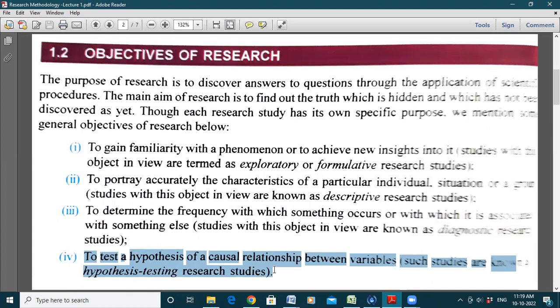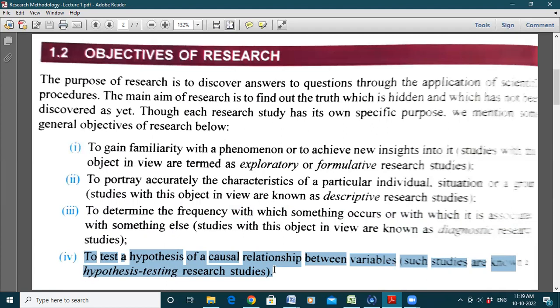See, in the last classes also, I discussed the hypothesis, some kind of assumption you have considered during the beginning stage of your research. Now, you need to check whether your assumption, your hypothesis, is true or not. Okay? So for that, what happens? You need to find out the relationship between those variables.